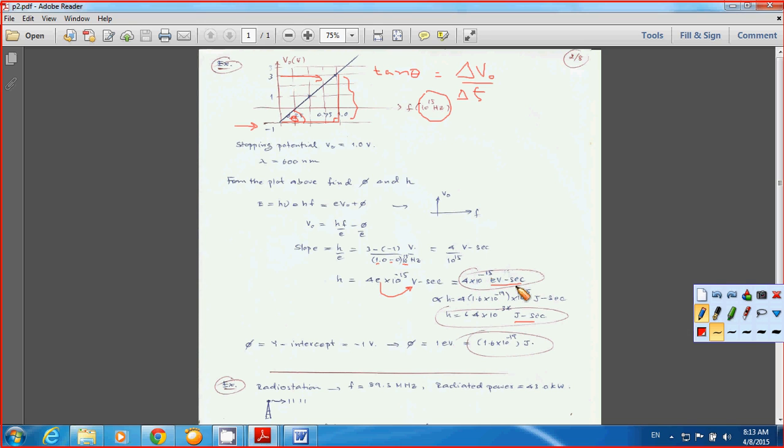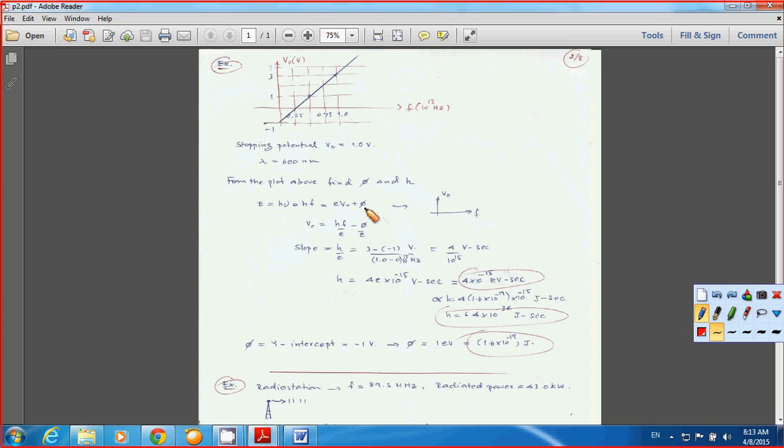But if you want it in joules, you multiply 4 × 10^-15 by the electron charge, 1.6 × 10^-19, and you end up with h equal to 6.4 × 10^-34 joule second. Okay, so that's how you find h.